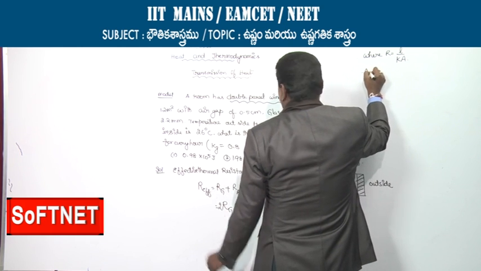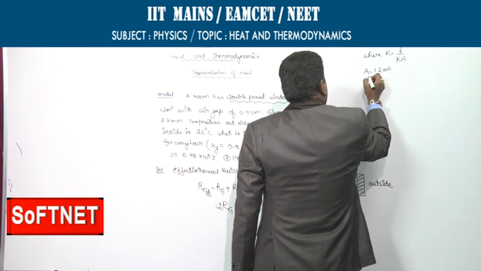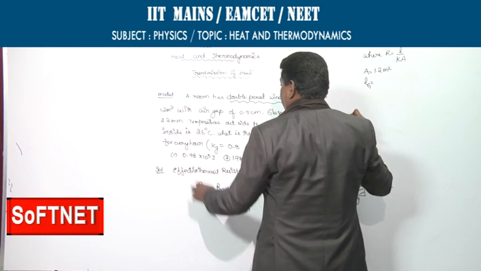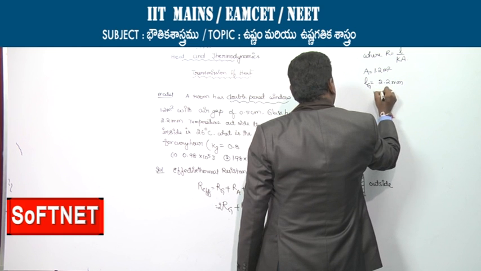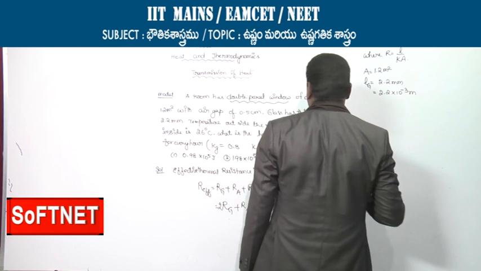Here the area is given as 1.2 meters square. Length of glass is given as 2.2 millimeters, which I can write as 2.2 into 10 to the power of minus 3 meters.